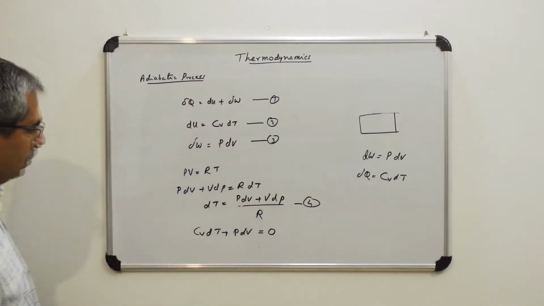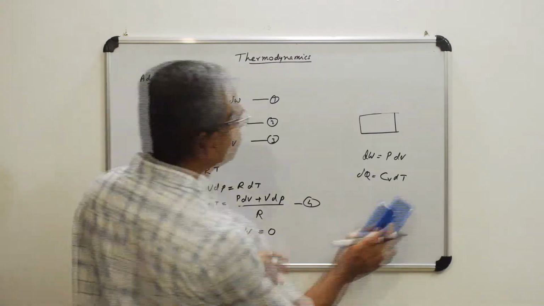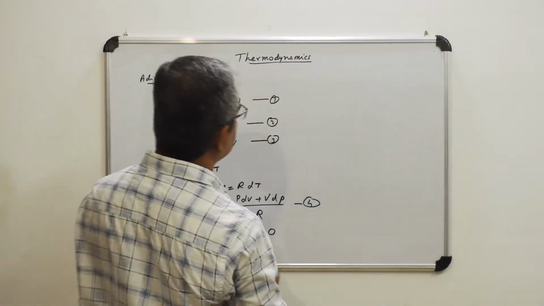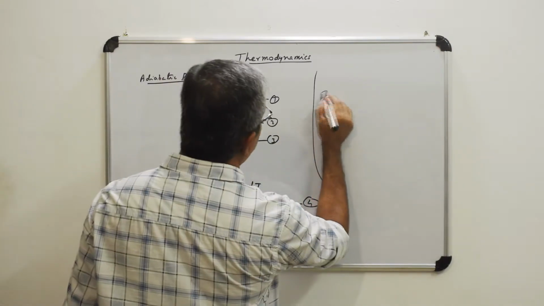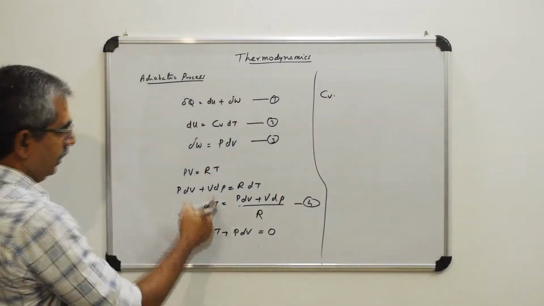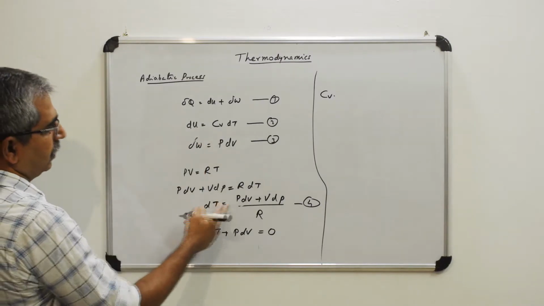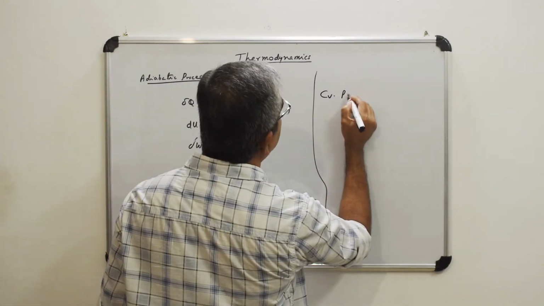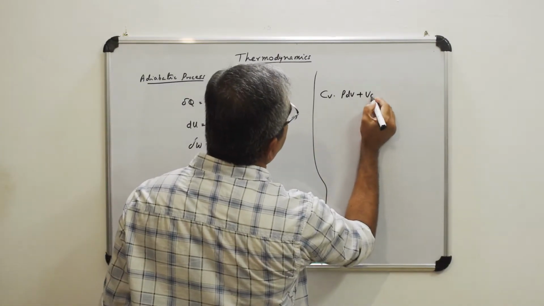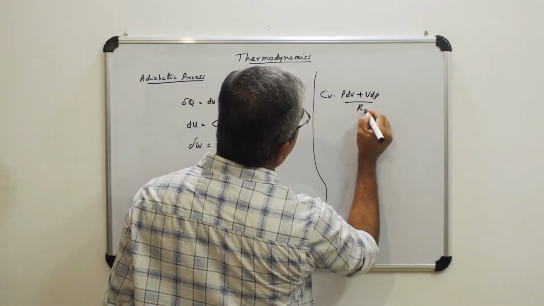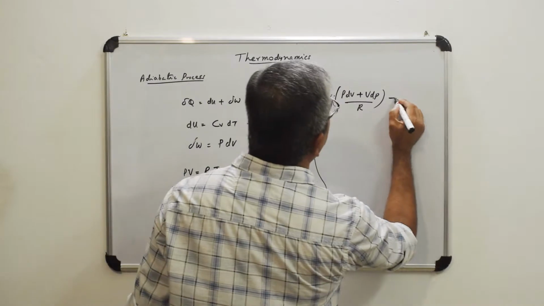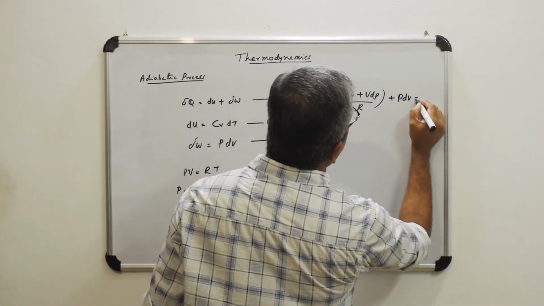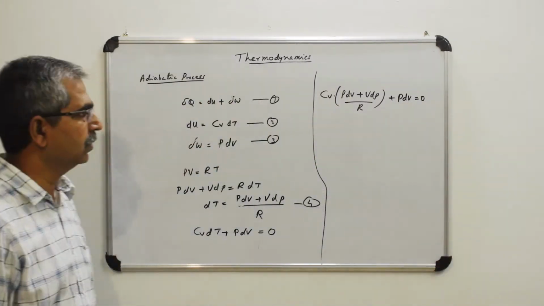This is the equation: Cv into dT is this one, P dV plus V dP divided by R, plus P dV is equal to 0.